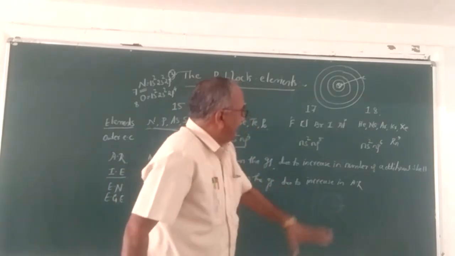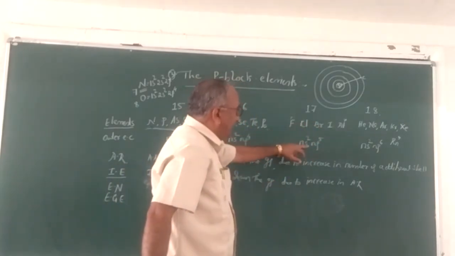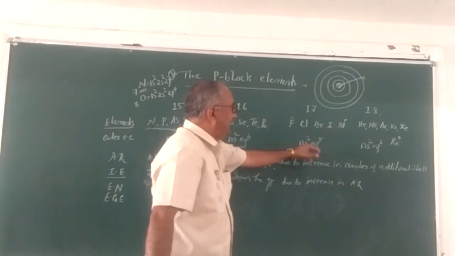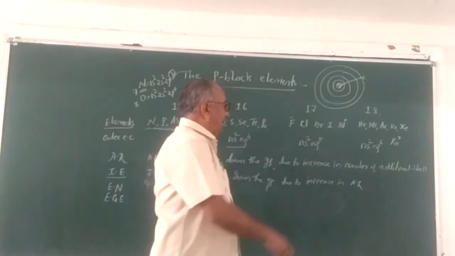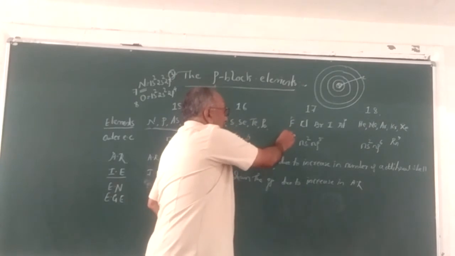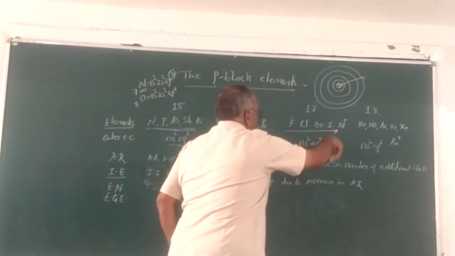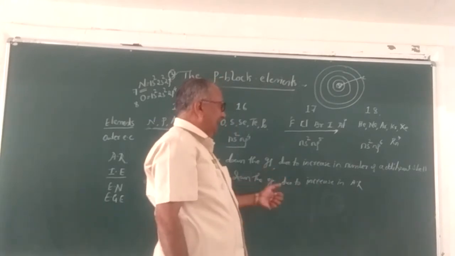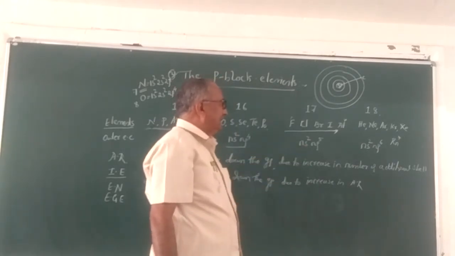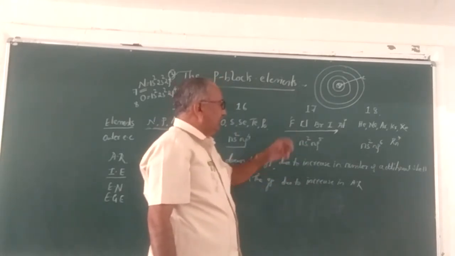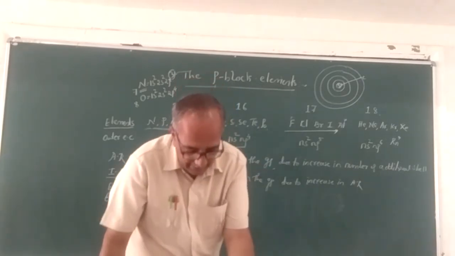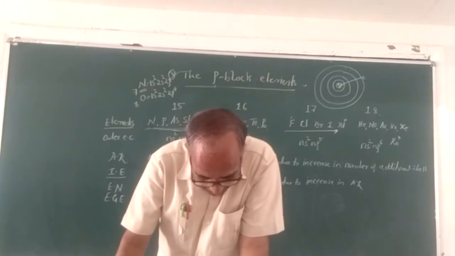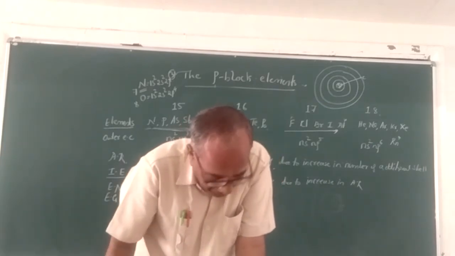Down the group, the tendency of attracting the electron decreases. So due to more repulsion, it becomes less negative down the group.